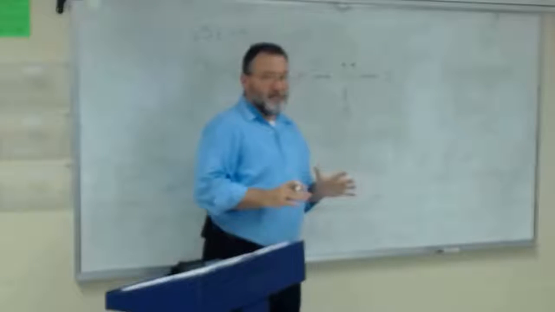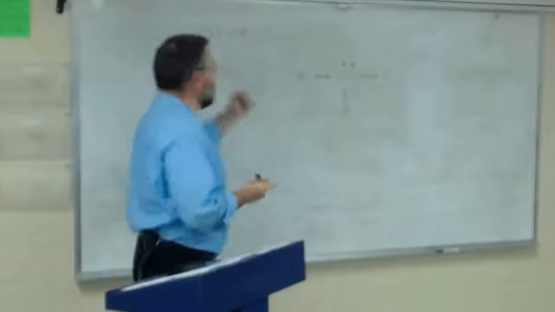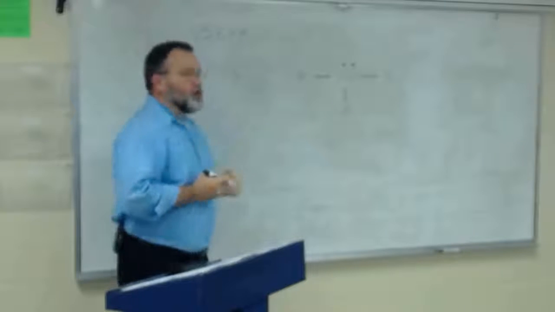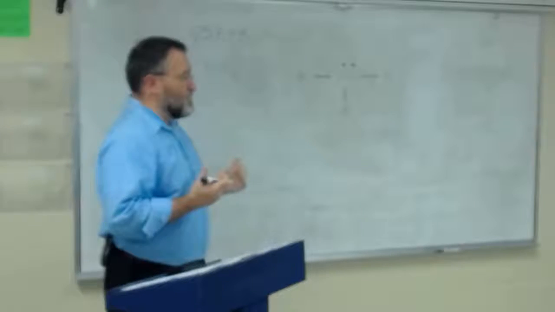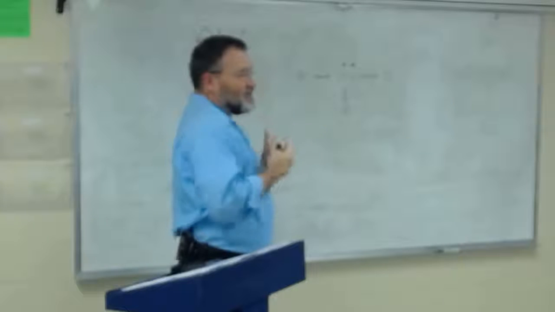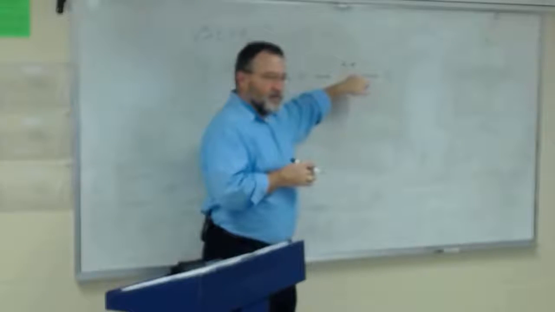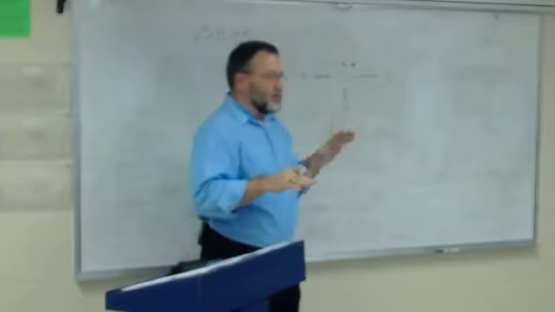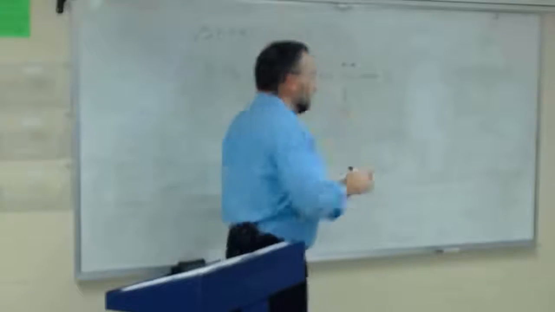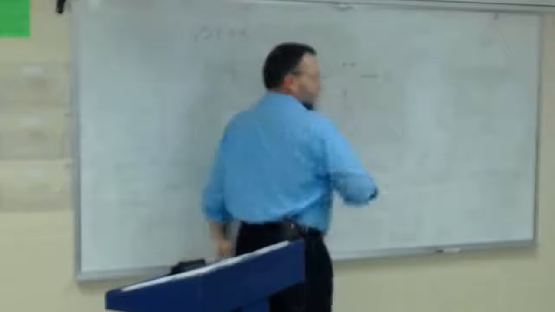Everybody see that? Okay, so I've just built my NH3 molecule. Now here's where it gets a little bit different, because my central atom has 4 connecting points, but it only has 3 things connected to it because of this pair.